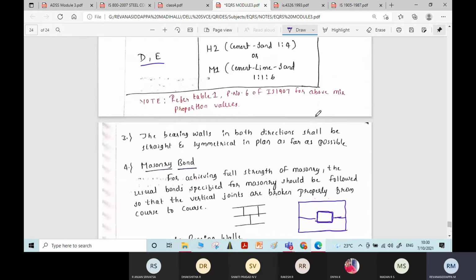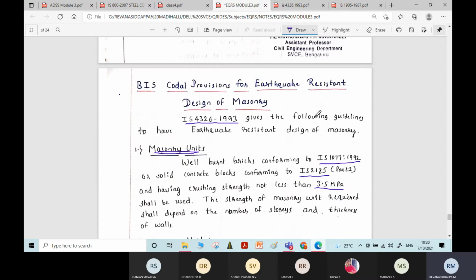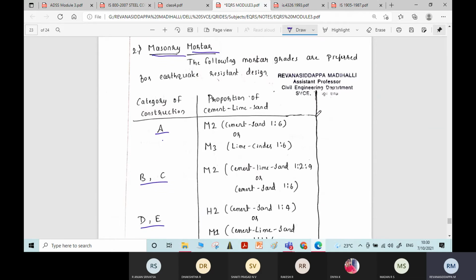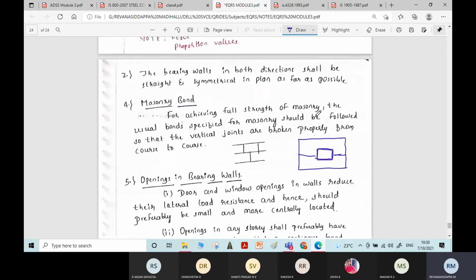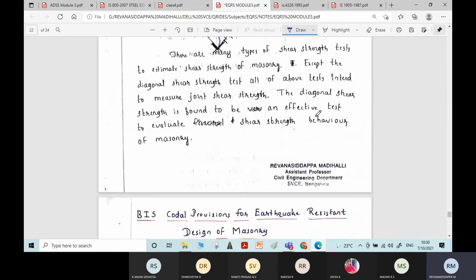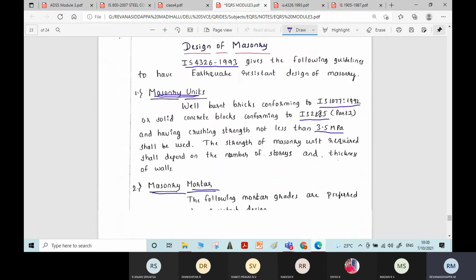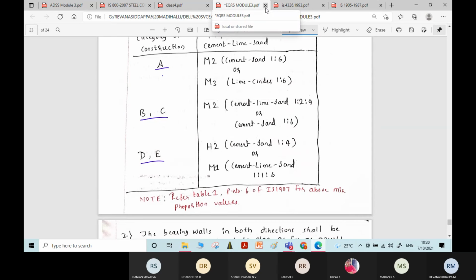So these are the main and important guidelines with respect to the earthquake resistant design of a masonry building. With this, module 3 is completed.